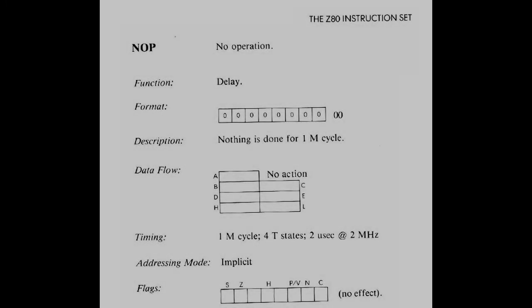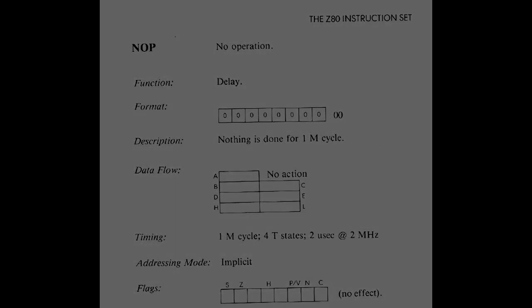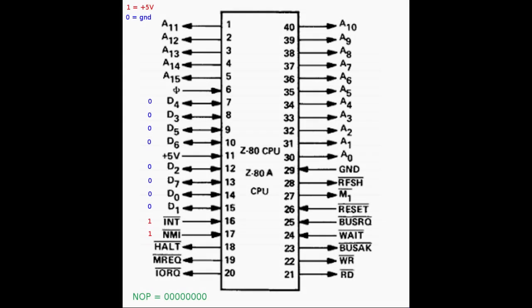Of course, we can make NOP generator sockets for other processors like the Z80. We see in this page the NOP opcode is all zeros on this processor, so the NOP socket is a bit simpler. And this is the pinout of the 40-pin Z80, and also in this processor we need to cut the INT and NMI pins and tie them high to prevent any external interrupt reaching the CPU.